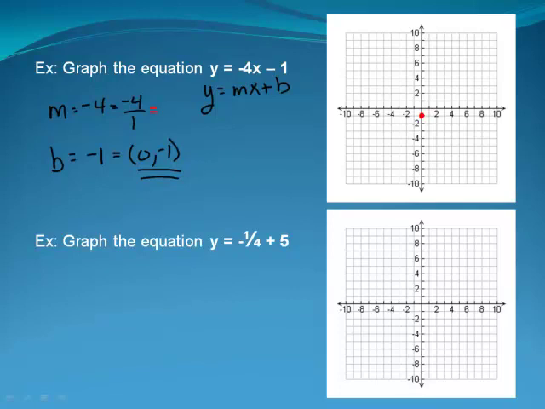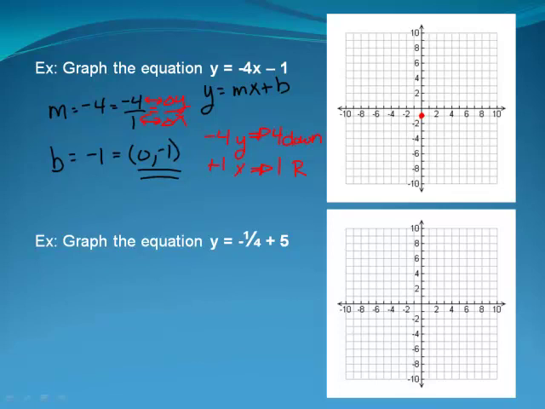Now let's look at our slope. Remember that slope is change in y over change in x, or rise over run. So we've got a -4 change in y. -4y implies we're going to move 4 units down. Negative means down if you're talking about y values. And we've got a +1x. +1x implies 1 unit to the right.